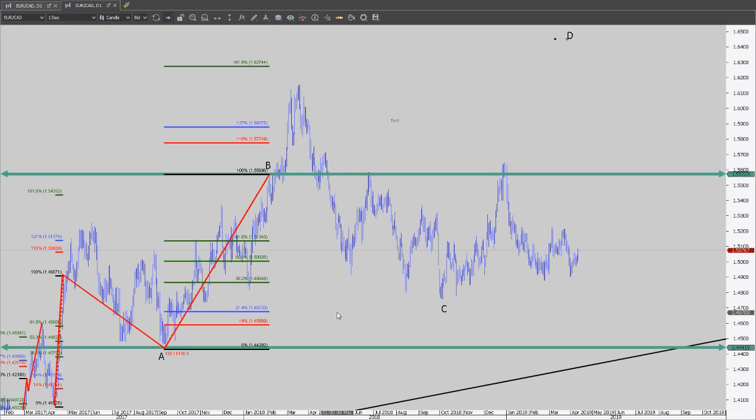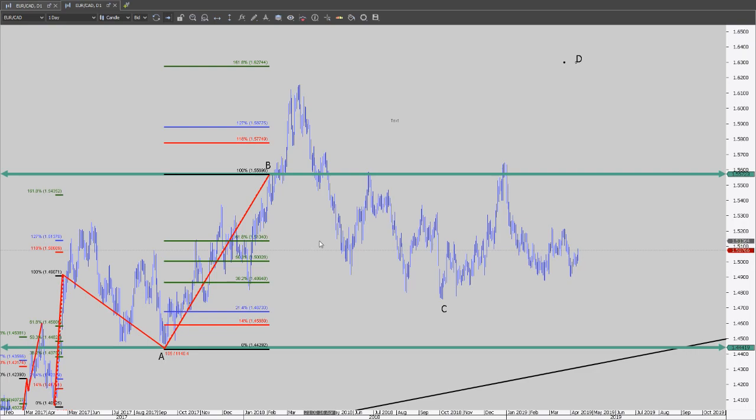We didn't check the monthly yet, we're going to check later, but so far we have an up original Fibonacci with the C and with the projected D level, which is green goes to green.